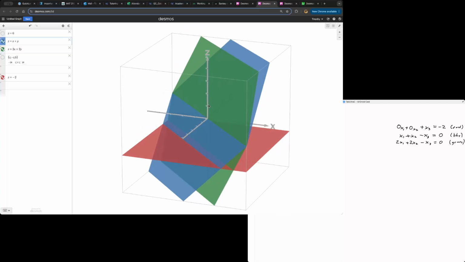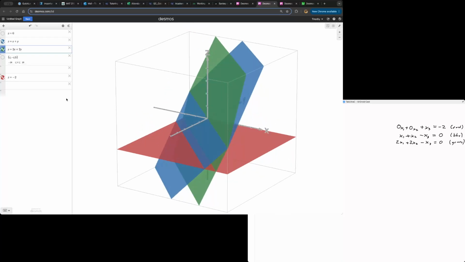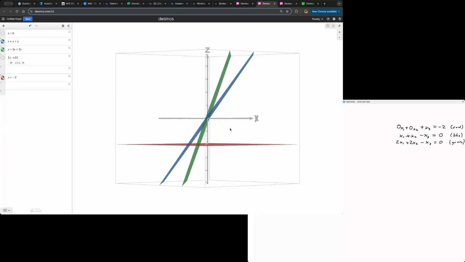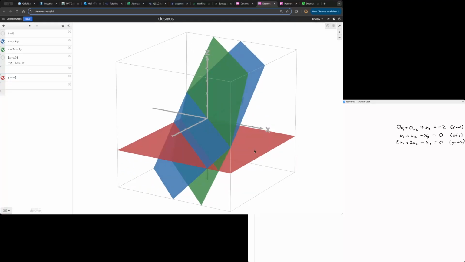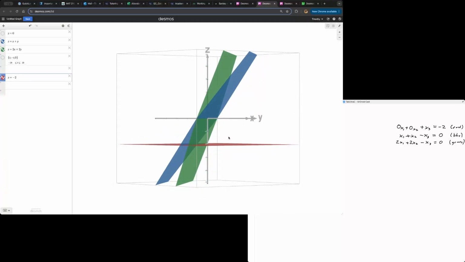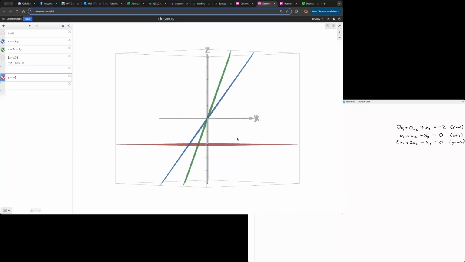So instead of a linear equation giving us a line, these 3 linear equations each give us a plane. And if I look at where these planes intersect, there are places where any 2 of them intersect, but all 3 of them together never intersect.